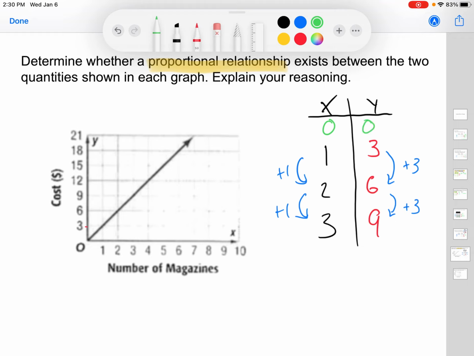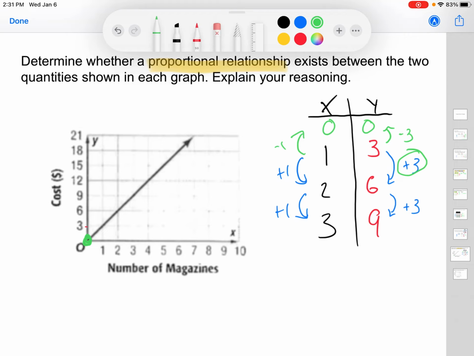To get to 0 on the x side, I need to subtract 1, which means I would have to follow the same pattern on the right side, so I would need to subtract 3, so I would get to 0, 0. And if we look at our graph, we can see that this graph goes through 0, 0, so there would be a proportional relationship.